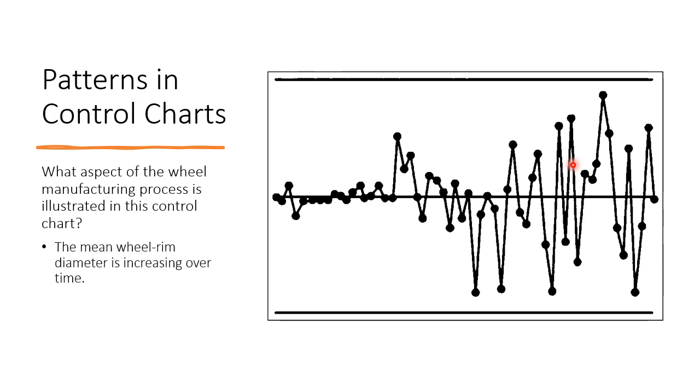Is the mean wheel rim diameter increasing over time, or is the variation in wheel rim diameter increasing over time? You see here the points become more spread out over time, indicating an increase in wheel rim diameter variation.